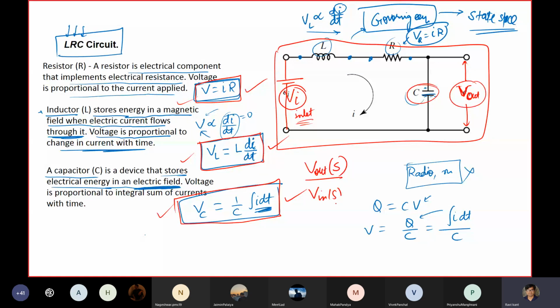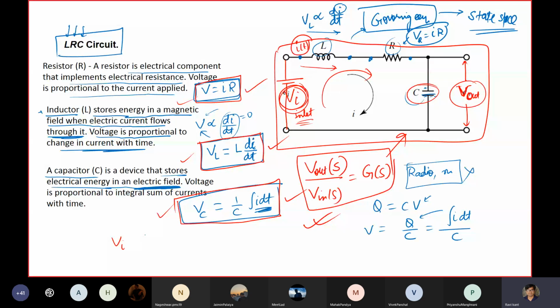So let's go one by one. I am looping around in this fashion. There is only one loop. There is a voltage jump because of Vi, so I will write Vi. Then there is a voltage loss across this L. Supposing my current was time dependent and has some slope, maybe decreasing or increasing, not constant for the time being, I have lost my voltage like L di by dt.